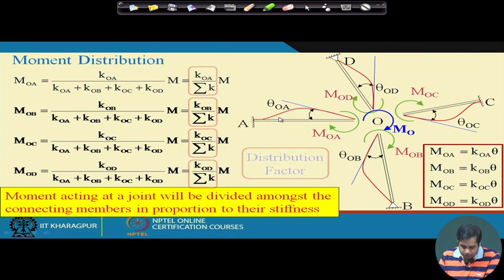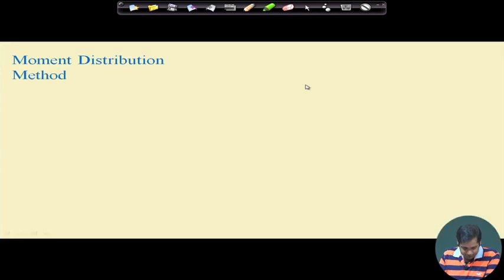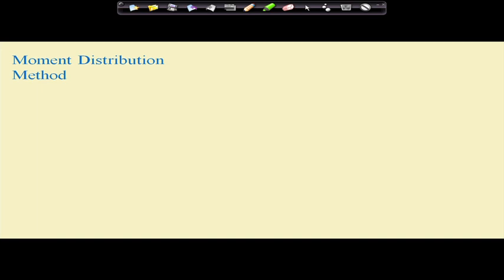Okay. Now, next, let us recall what we have learned so far. There are a few terms we now know: carryover moments, carryover factor, absolute stiffness, and distribution factor. Okay. All these ingredients are now ready with us.